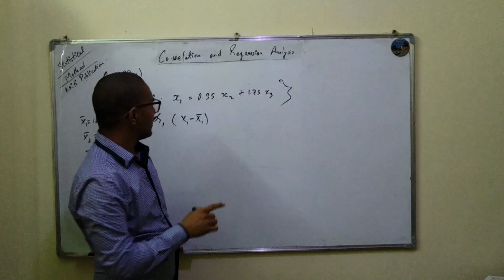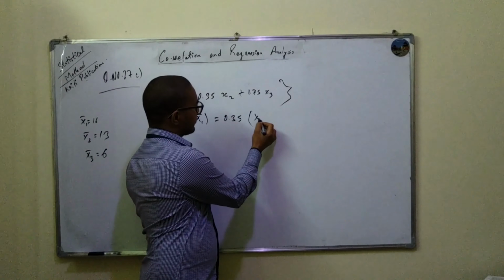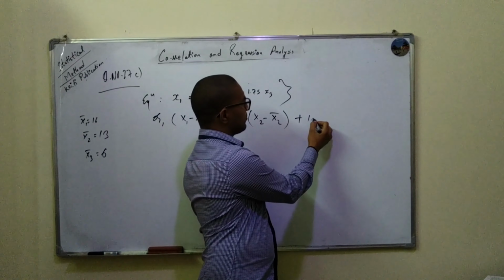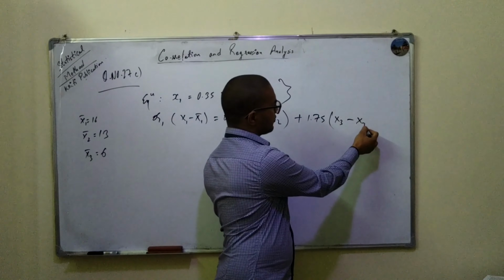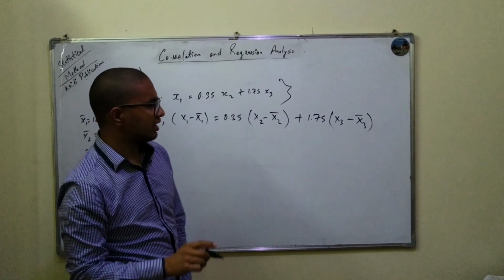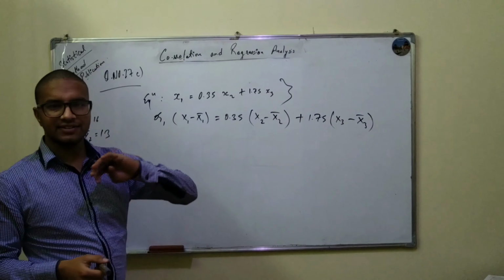Again, 0.35 times x2 minus x2 bar. Same thing for x3 as well, 1.75 times x3 minus x3 bar. Don't miss this step, because at the end of the day you might only be given x1, x2 and x3, and then you might have to predict it.